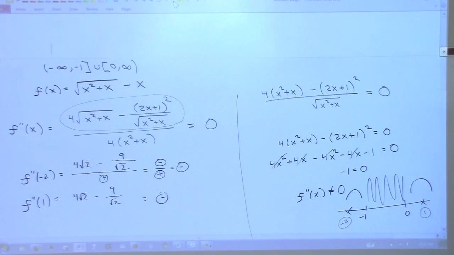No inflection points. So where is this thing concave down? You would say from negative infinity to negative 1, union, 0 to infinity.